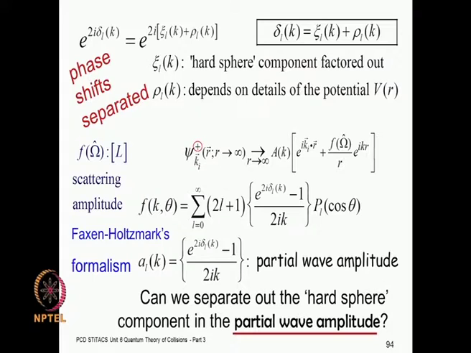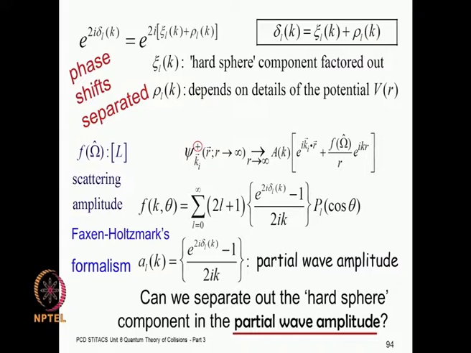That A itself, if we write it as a sum of two parts, one of which is coming from the hard sphere, which causes the phase shift xi, which is the hard sphere phase shift, and the other part which will correspond to the dynamics of the collision process.